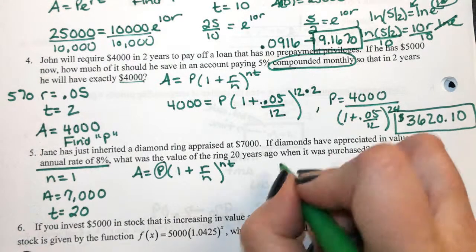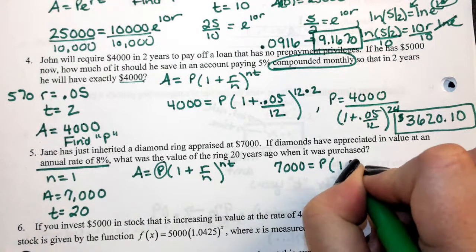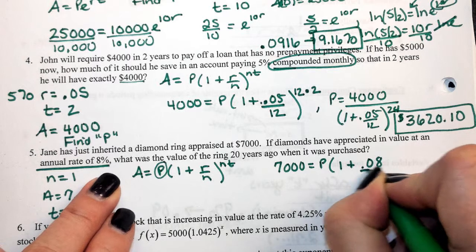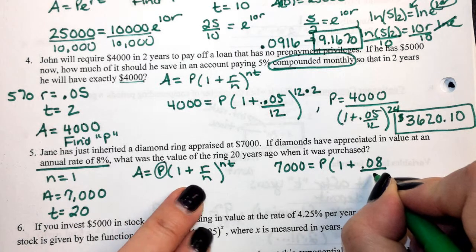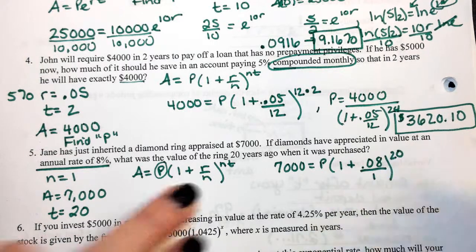So I plug it in, 7,000 is equal to P times 1 plus, and again, the interest rate is 8%, so as a decimal, that's 0.08. Again, N is 1, raised to the 20 times 1 power.